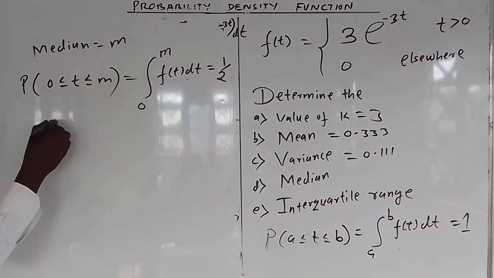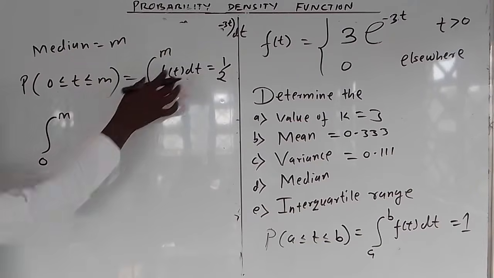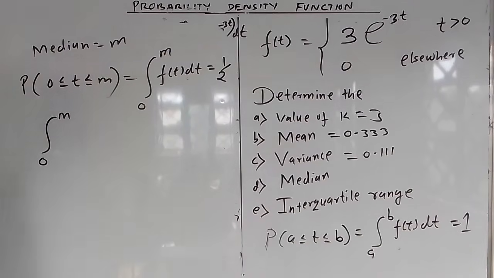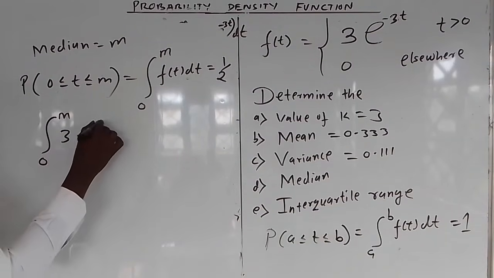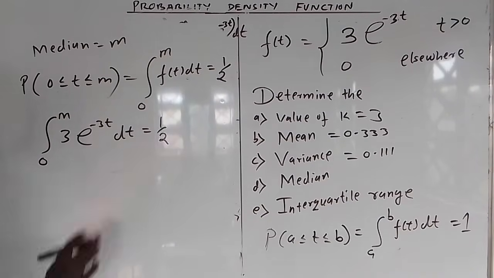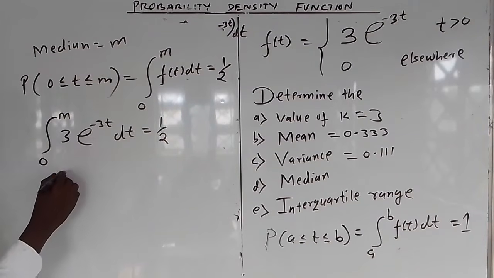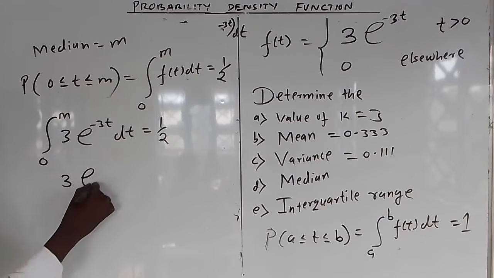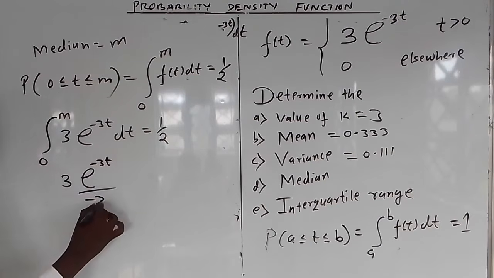So start. We are integrating from 0 to median. What is your f of t? Your f of t is 3 exponential negative 3t dt. If you integrate this, you are supposed to get a half because the median gives you a half of the probability measure. The whole range is 1, so the median gives you a half. So start integrating. 3 is a constant. If you integrate exponential negative 3t, it remains the way it is, then you divide by the constant of that inner function.